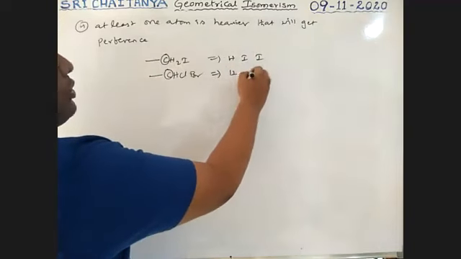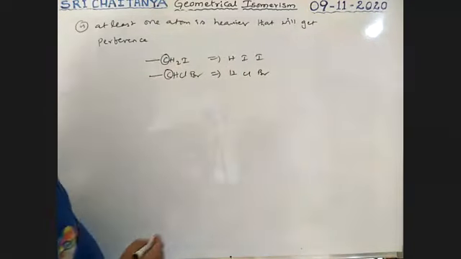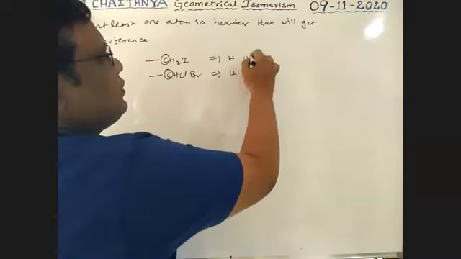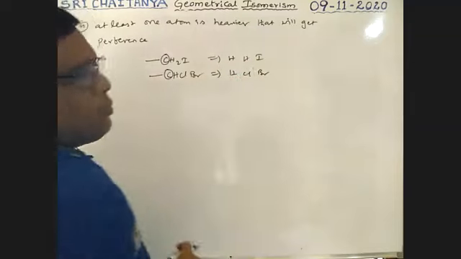Here they are hydrogen, chlorine, bromine.